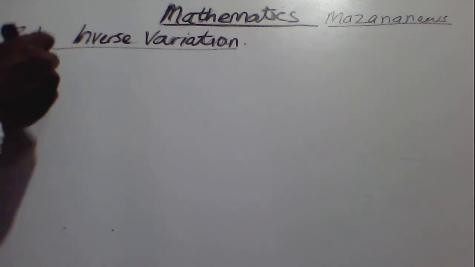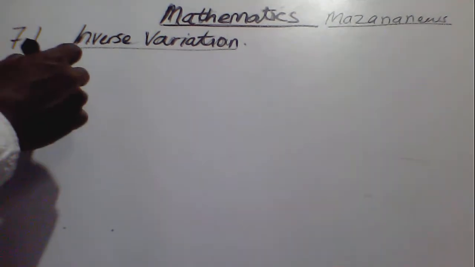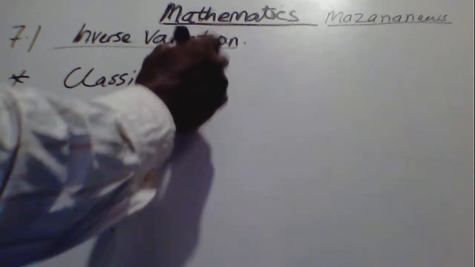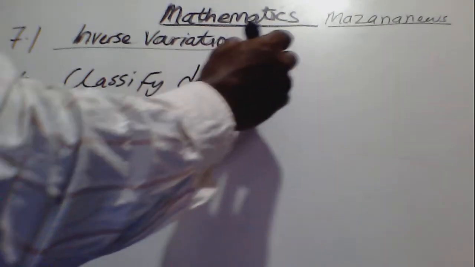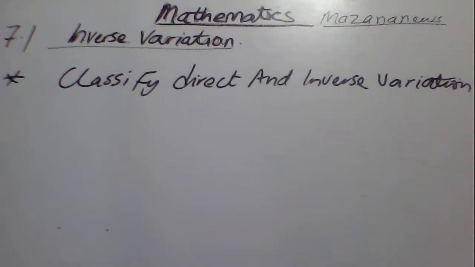The first, in 7.1, is to classify direct and inverse variation. So this is the first.